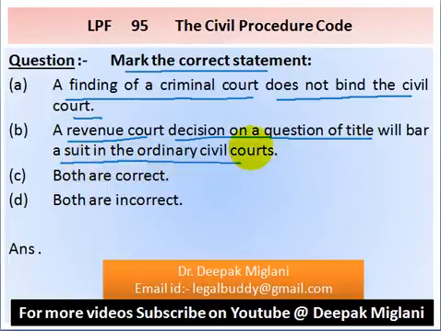Option A, finding of a criminal court does not bind the civil court, is a correct statement. Option B, a revenue court decision on a question of title will bar a suit in the ordinary civil courts, is also a correct statement. So answer is option C.